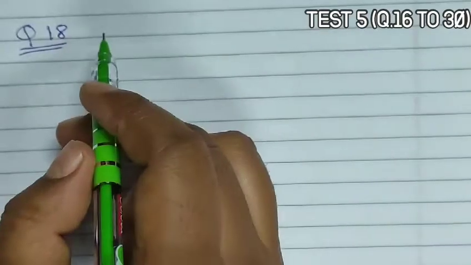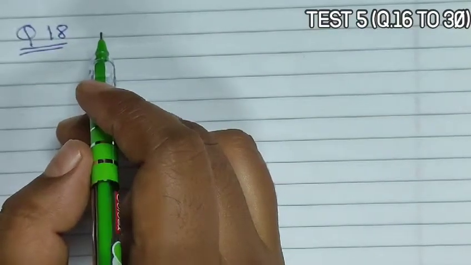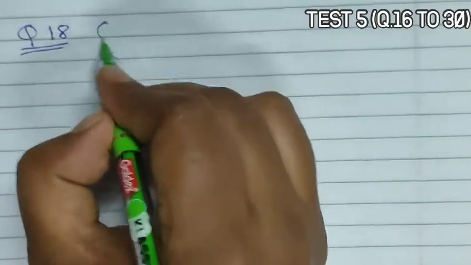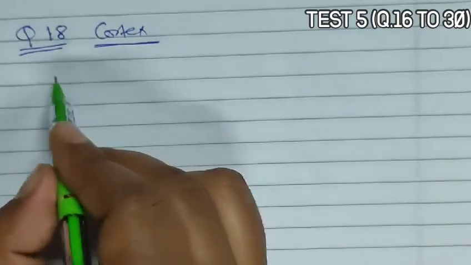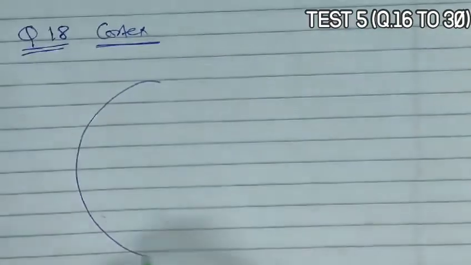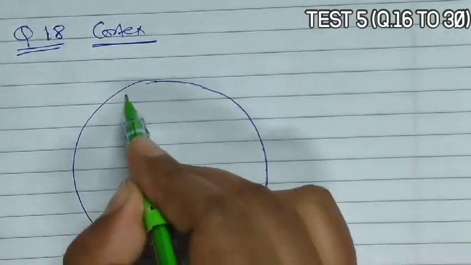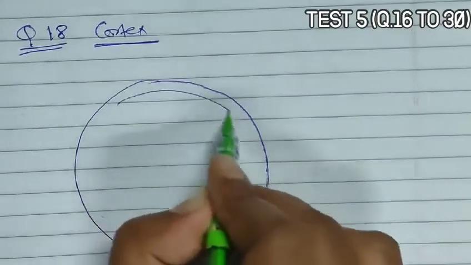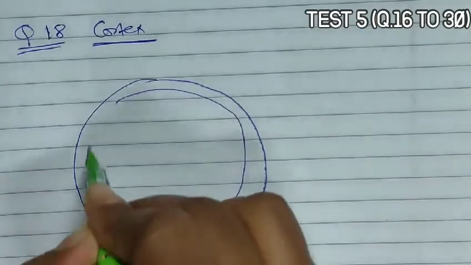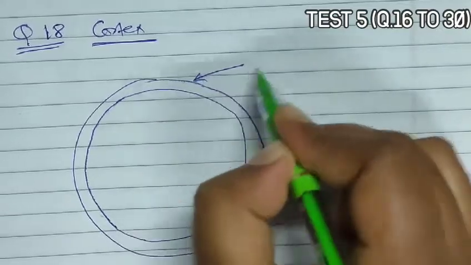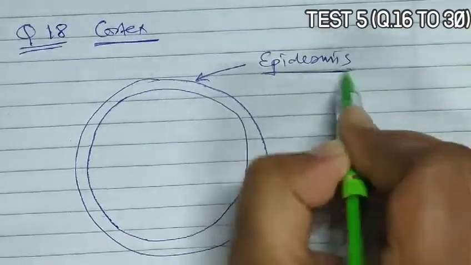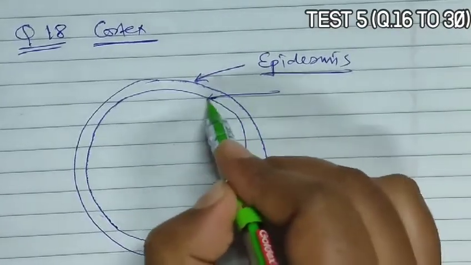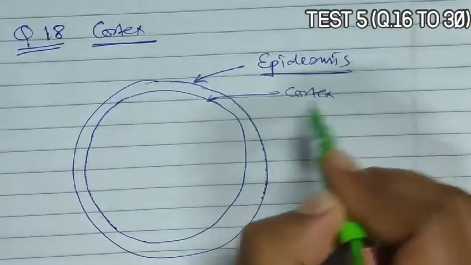Question 18. Question 18 asks that cortex is a region found between. You know that as we take a cross section of any structure, a root or a stem, the outermost is the epidermis. Then inner to the epidermis you will find the cortex.